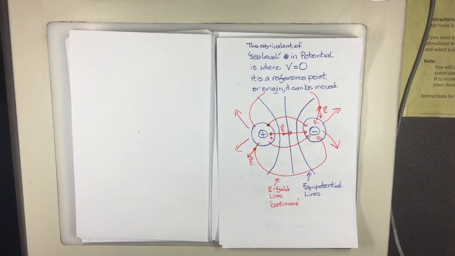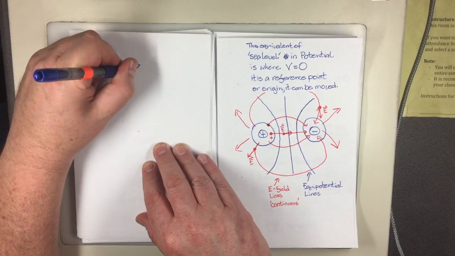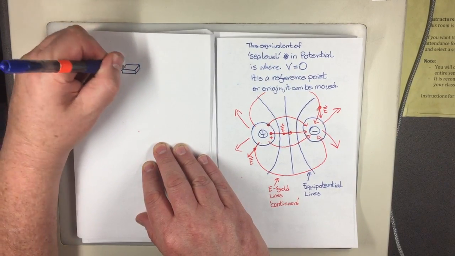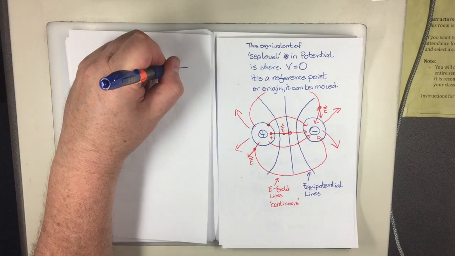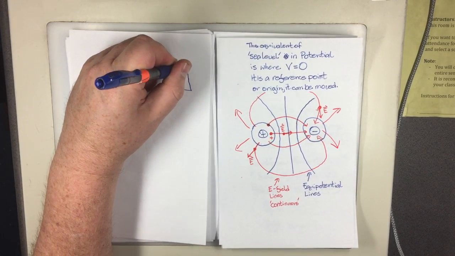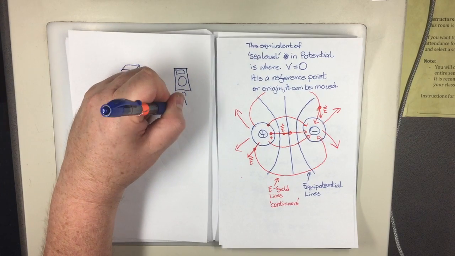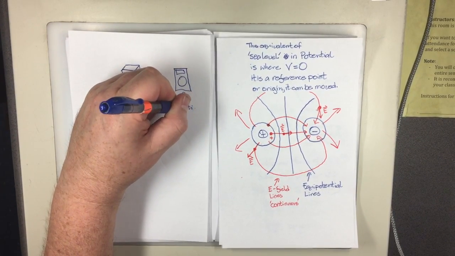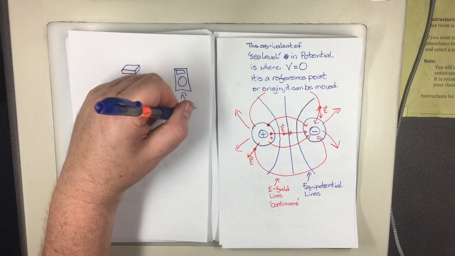You're going to have a little plastic rectangular object, and you're going to have this, a digital multimeter.